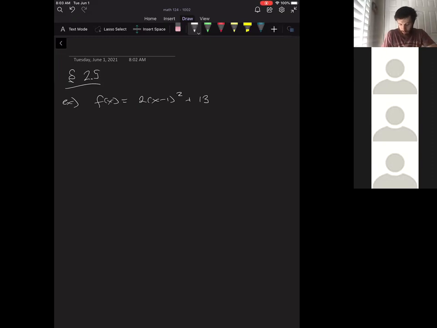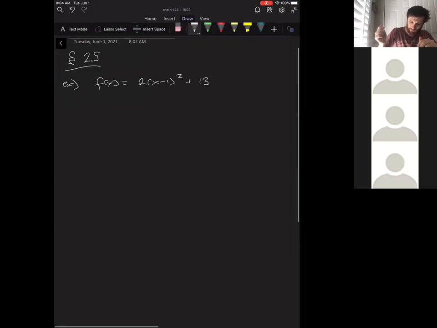In this example in particular, by using the equation x squared. So let's go through this example. Before that, maybe we should talk about some rules.